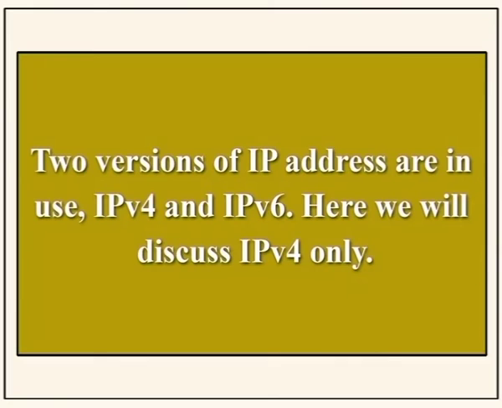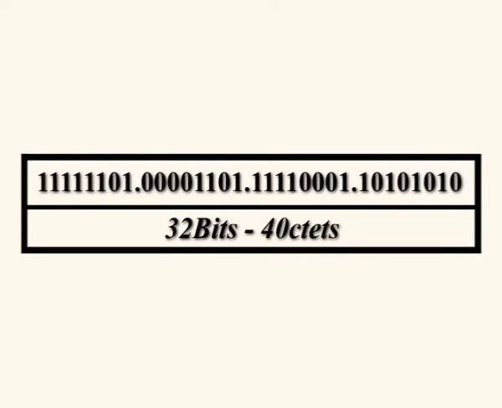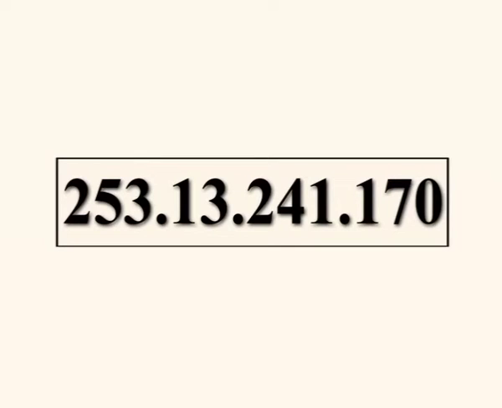Two versions of IP address are in use, IPv4 and IPv6. Here we will discuss IPv4 only. An Internet Protocol version 4 address is 32 bits long, divided into 4 octets, that is groups of 8 bits separated by a dot as shown. To make the IP address more compact and readable, it is represented in decimal form.